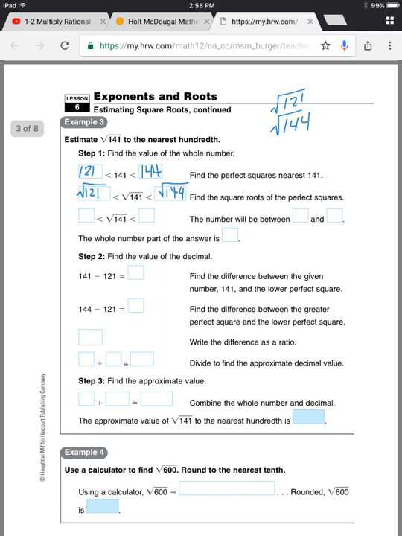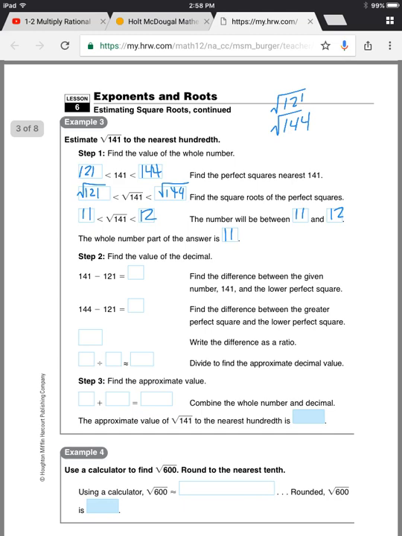Now the square root of 121 is 11 and the square root of 144 is 12. So the number will be between 11 and 12. So the whole part of the answer is 11. It is not 11 and it is not 12. It's somewhere in between those two. So now we need to find the value of the decimal.